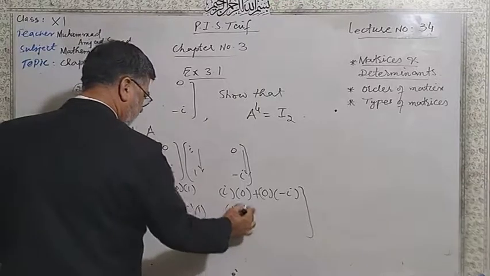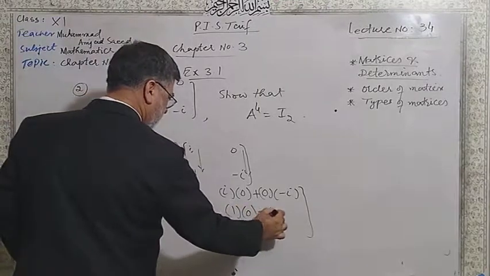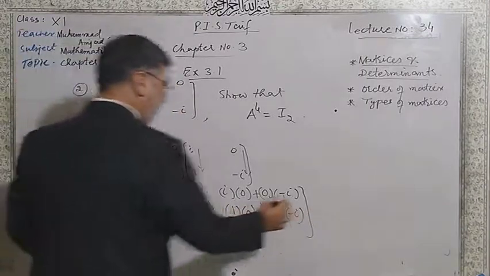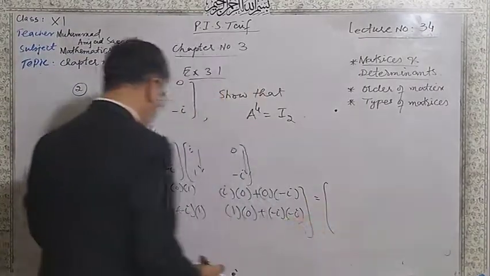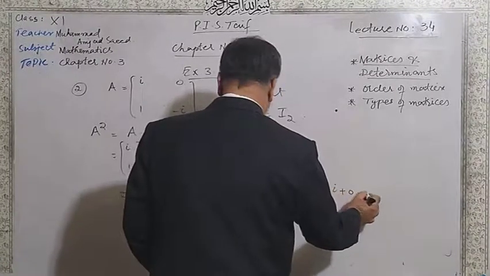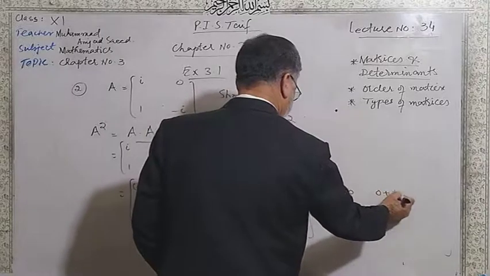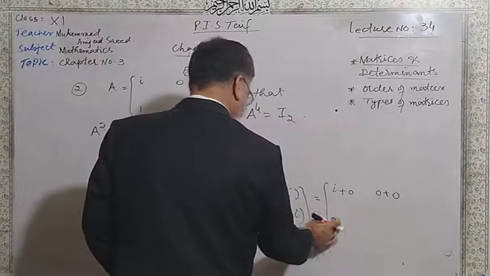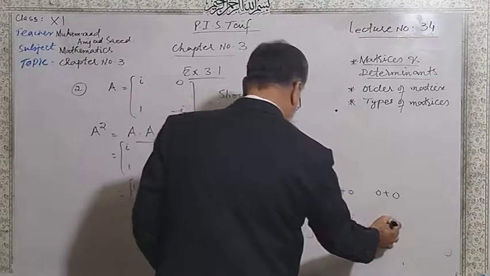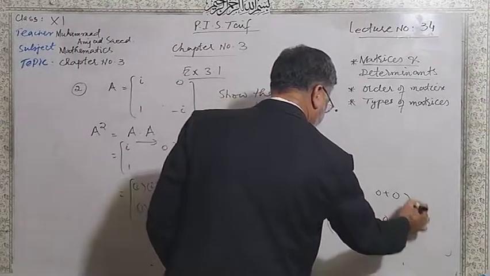Then first into first plus second into second. Then we have iota squared plus 0, 0 plus 0, then iota minus iota and 0 plus iota squared.